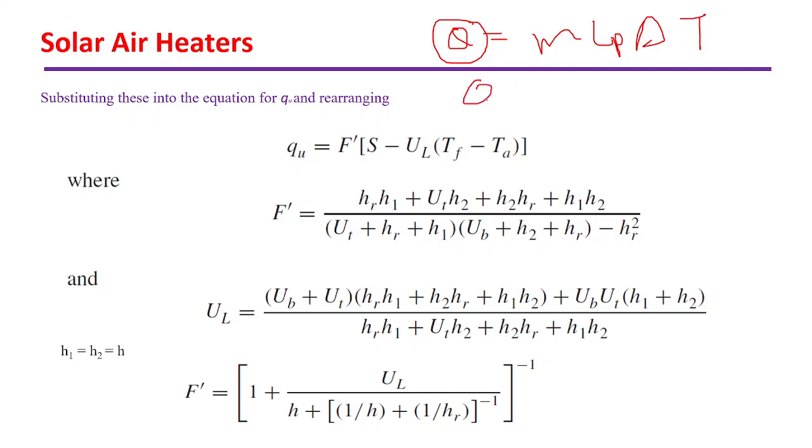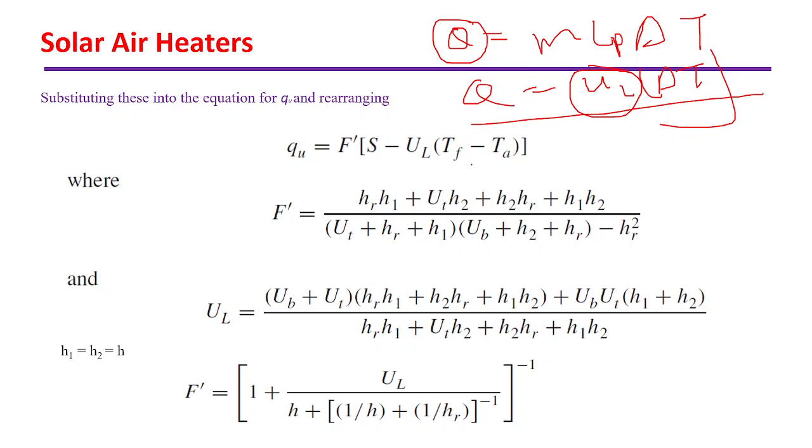We also say the useful energy gain is equal to UL into delta T, where UL is your heat transfer loss and delta T is the temperature difference. Then when we account for all other losses, the equation becomes Qu is equal to F dash, where F dash is the efficiency factor for the collector, S minus UL, Tf minus Ta.